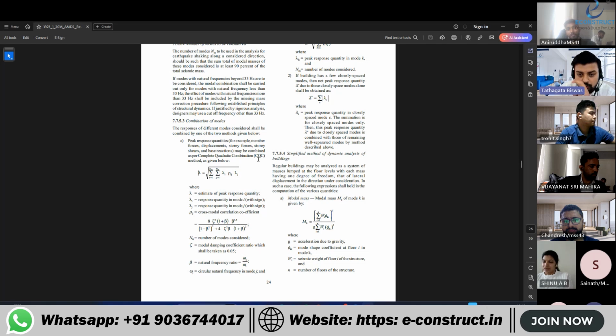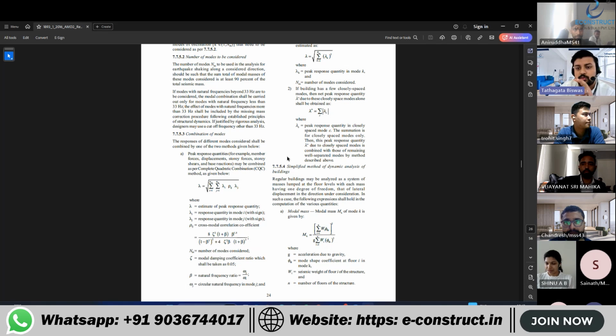The overlap or coupling issue between two modes is not at all considered in SRSS. That's why we say that you keep the 10% difference very evidently, since we are using SRSS combinations. But in case of CQC combinations, even if you are not taking it, it automatically calculates how two modes are reacting with each other.